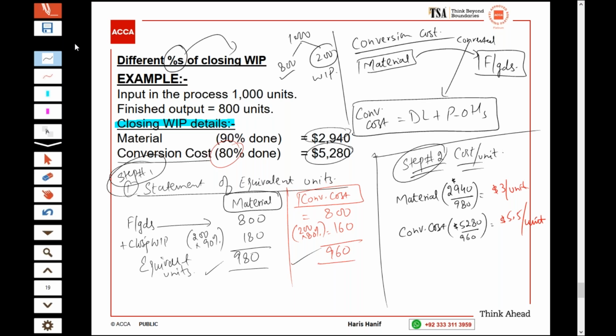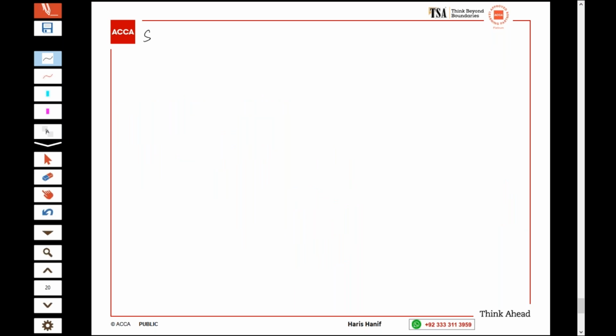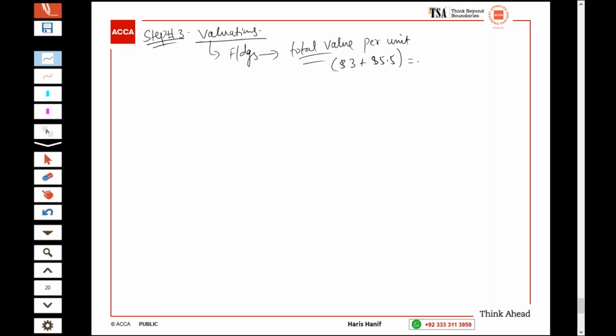Now, the third step is very much important. The third step is of the valuations. Valuation for finished goods: total value per unit is $3 plus $5.5, that is $8.5 per unit.